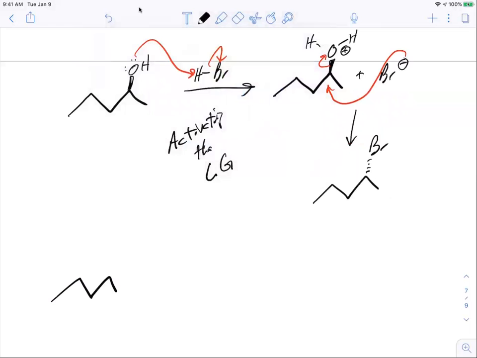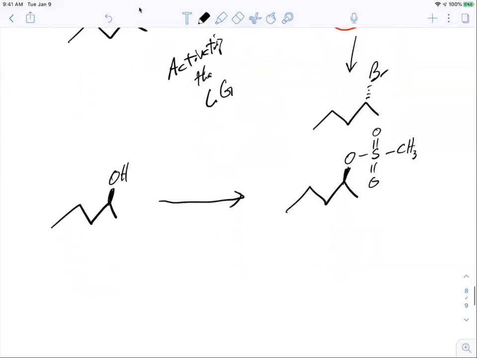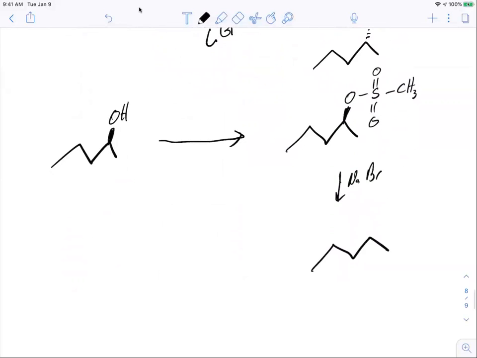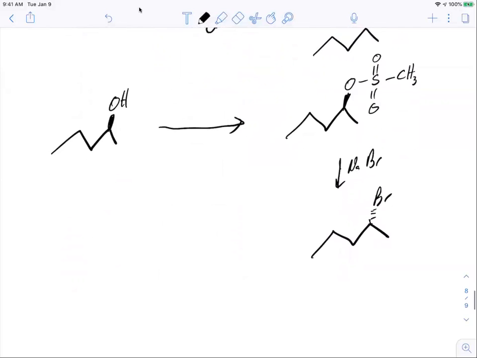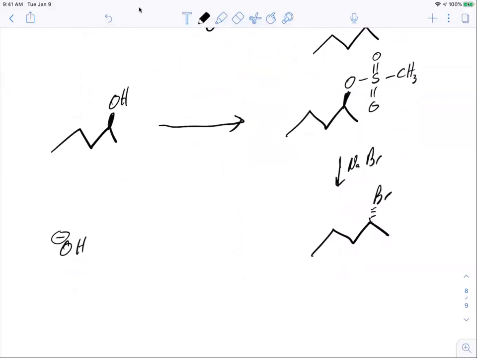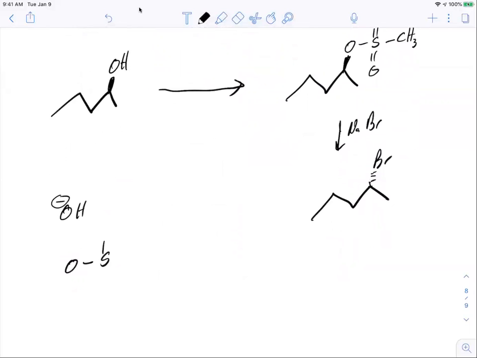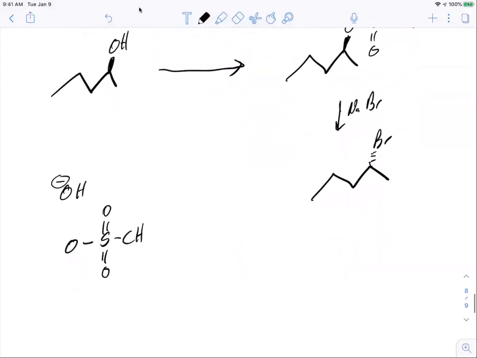The other thing we can do is convert our hydroxide. We can change the poor leaving group of the hydroxide into a good leaving group of this tosyl, this mesylate, this sulfonate ester.